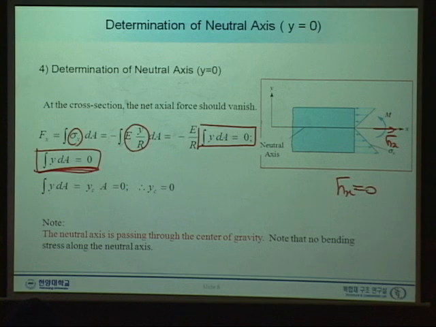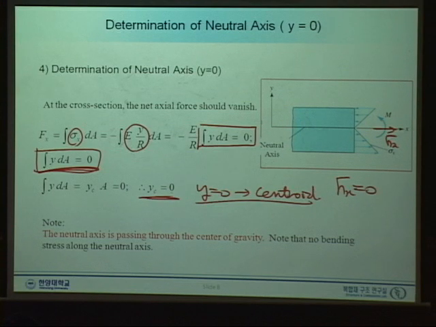Then simply y equals 0, this is the location, this one should pass through the centroid. Okay, centroid. The neutral axis is passing through the center of gravity, or centroid.